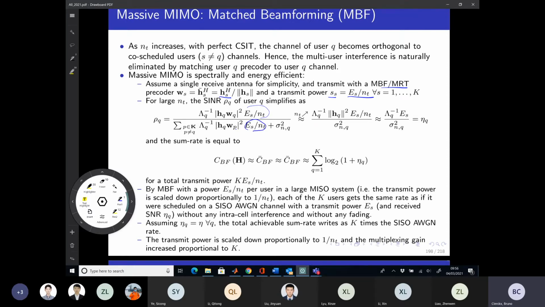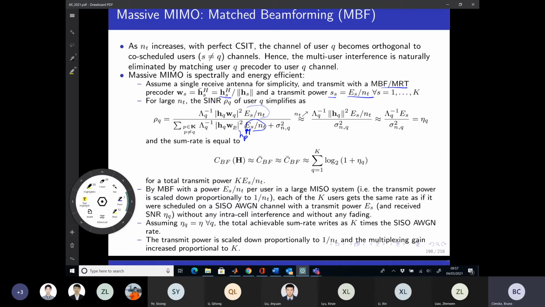Because of the law of large numbers, WP will be proportional to HP Hermitian, and so HP Hermitian will be orthogonal to HQ. So this term divided by NT will tend towards 0 as NT increases, and this term will disappear. And I will maximize the signal term here, because I am doing maximum ratio transmission.